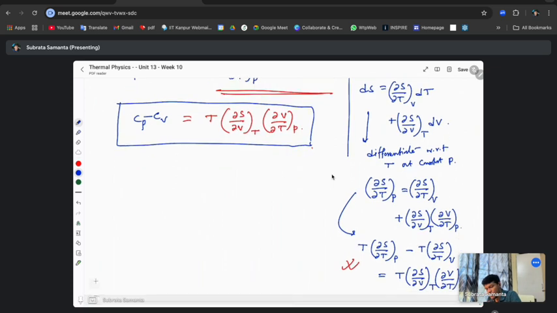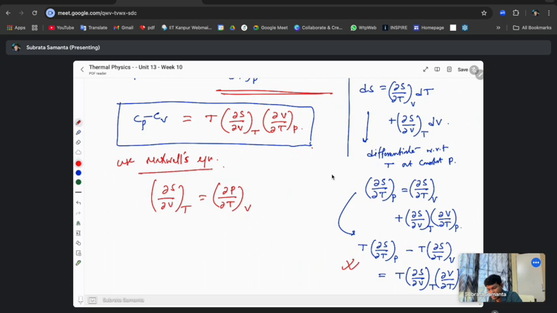So now we rewrite this del H del V at constant T because we can use Maxwell's equations. So del S del V at constant temperature is equal to del P del T at constant volume.